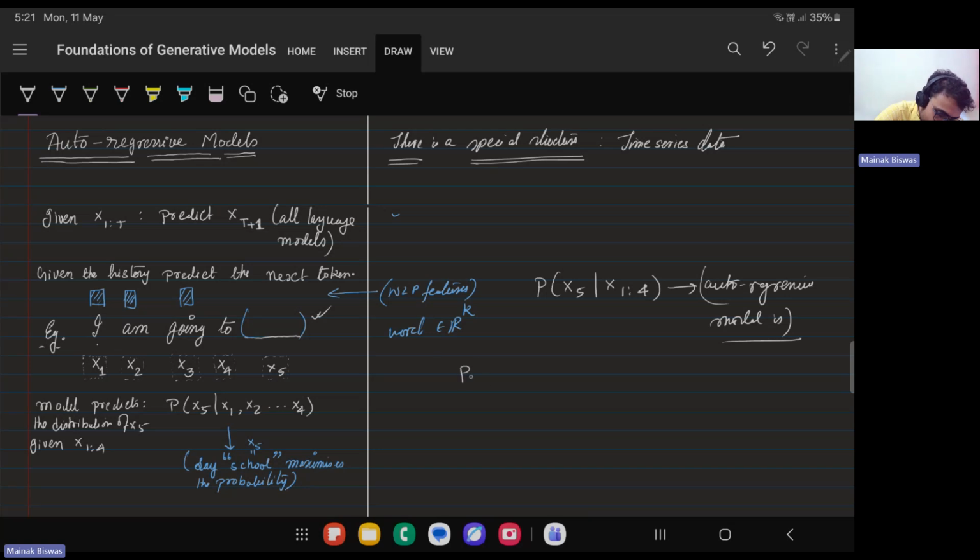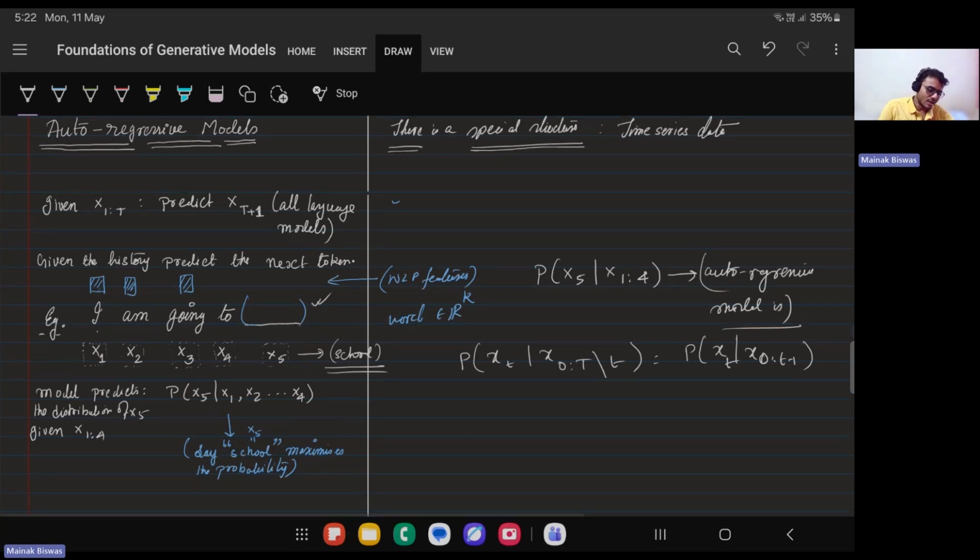It means that xt, given all the other x from 0 to capital T without t, is only dependent on x from 0 to t minus 1. It's like predicting the next token based on all the previous tokens. So x5 could be school. School could be a word that the model will predict. This is one of the ways to maximize the probability.